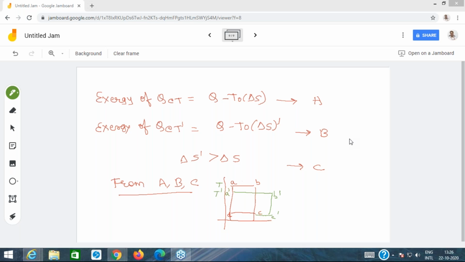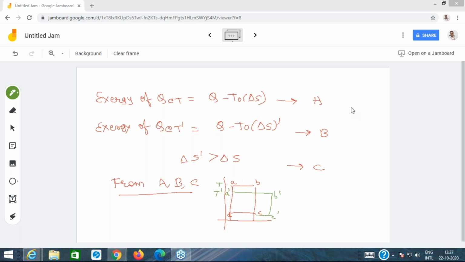Gargi is right. Tanaya is right. Available energy of second heat. It is not second heat, Kunal.